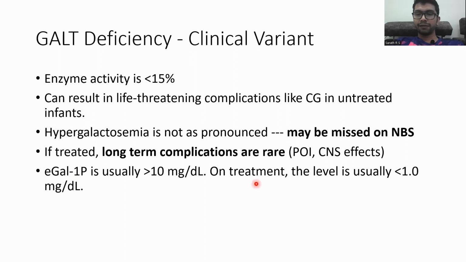However, in clinical variant, it will reach the normal level. That is because there is a small amount of residual activity of GALT enzyme. And these children usually don't have long-term neurological complications or primary ovarian insufficiency.